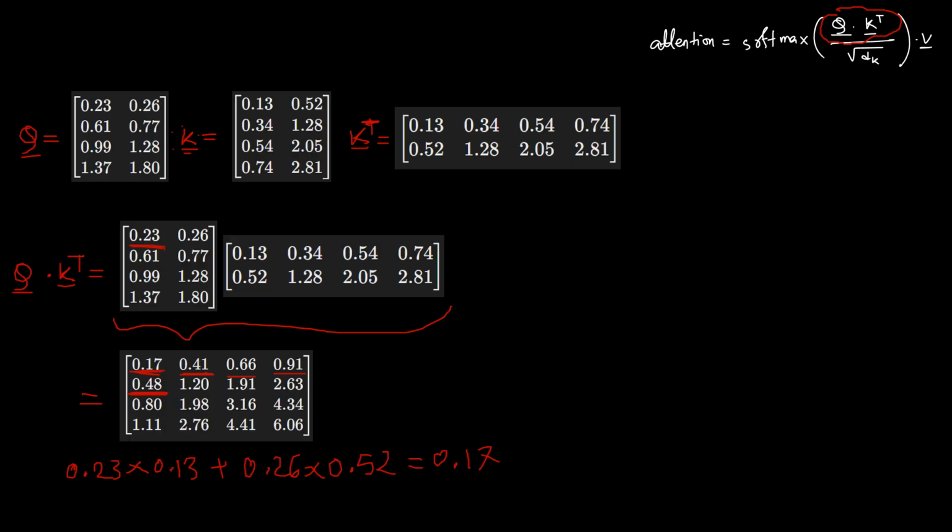Now, as I pointed out to you earlier on, this first row is the query corresponding to I. Let me point it out here. This is the query corresponding to I. This is the query corresponding to the embedding vector of have. So we can say this is the query corresponding to have. This third row is the query corresponding to go.